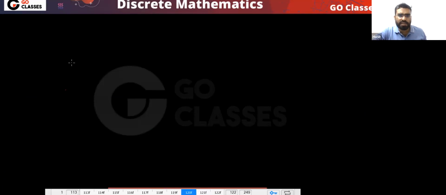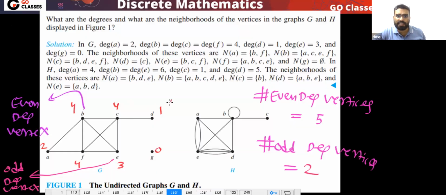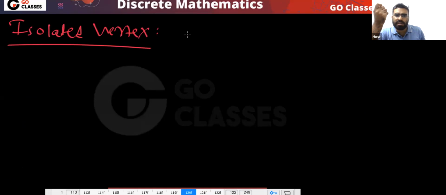Now let me tell you about these two concepts. What is an isolated vertex? What do you think the definition is? Like in this graph, which vertex is isolated? The name itself is telling you: isolated. G is isolated. So the definition of an isolated vertex is a degree 0 vertex.